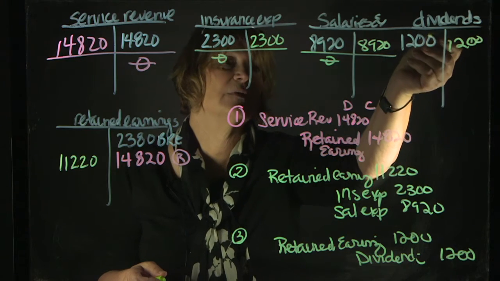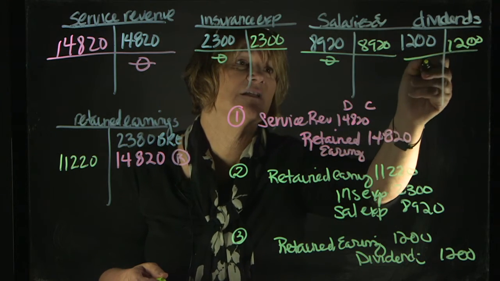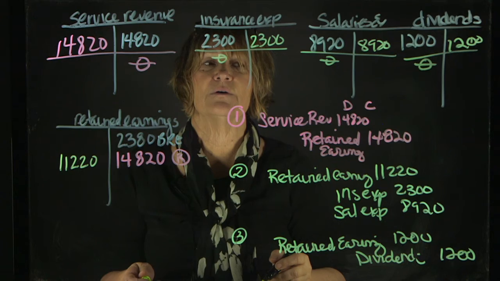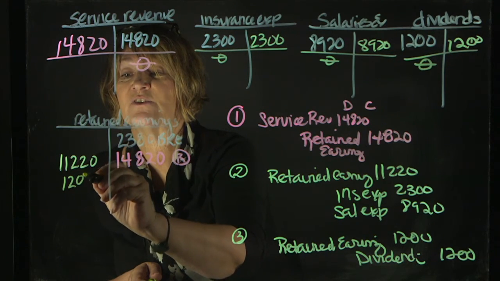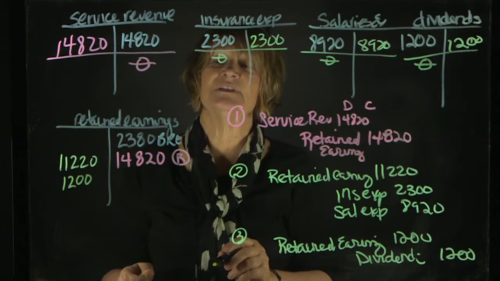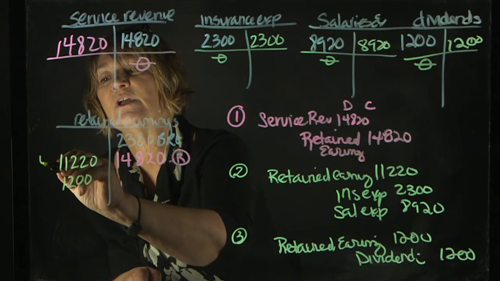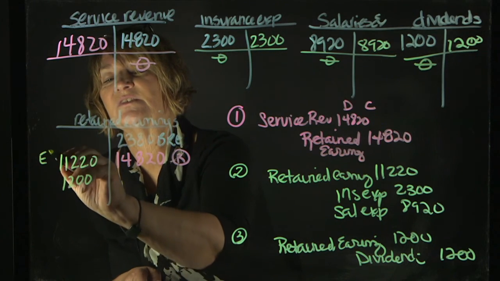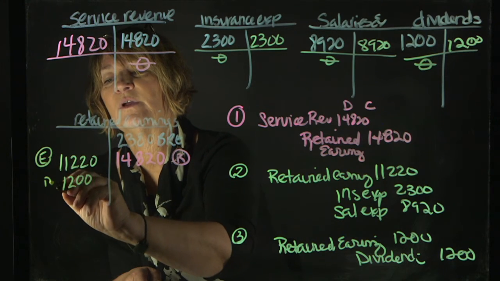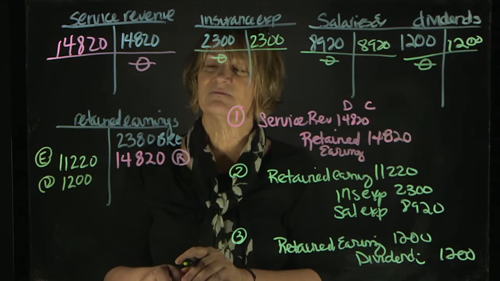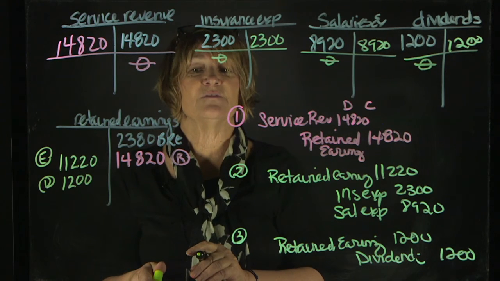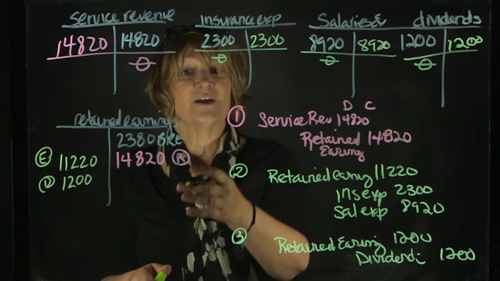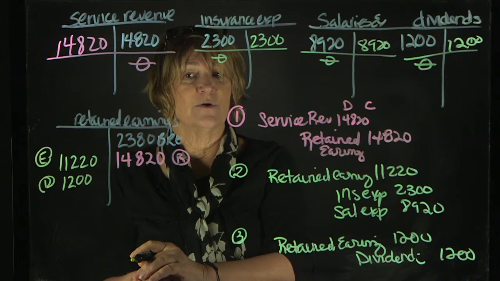So $1,200 debit minus a $1,200 credit is going to give me a 0 in that account. And now I can't forget to go ahead and also post that to the retained earnings account. So here we know we have the expenses, and here we know we have the dividends. So if we go back to how we prepare a statement of retained earnings, we actually have that right here, don't we?